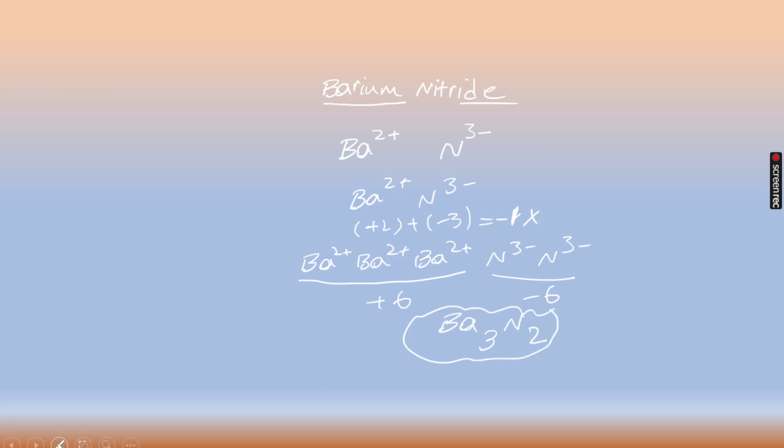But if you want to use the crossover method, this one, barium should be Ba, nitride should be N. The valency for the barium is 2 because it belongs to group 2, and the nitride is 3, gives the valency to them.